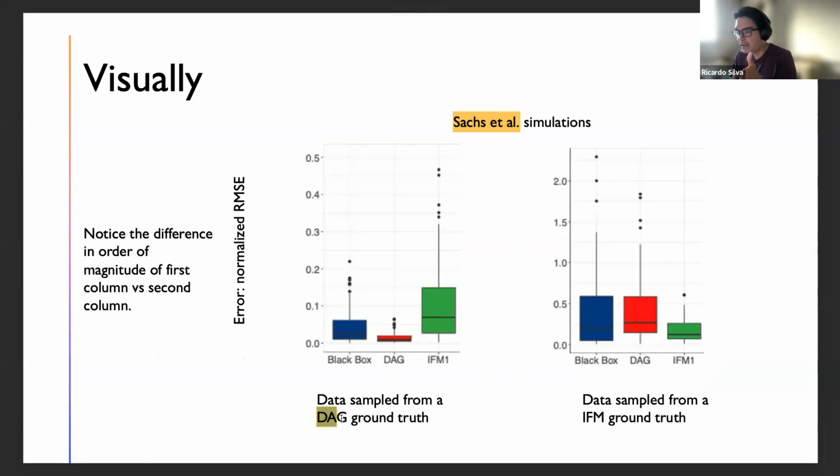I fit a model that has a DAG structure that follows the original paper, and I fit a model that has this type of energy-based prioritization, which is a relaxation of the DAG model in terms of independence constraints. So these are two ground truth models for which I sample training data.